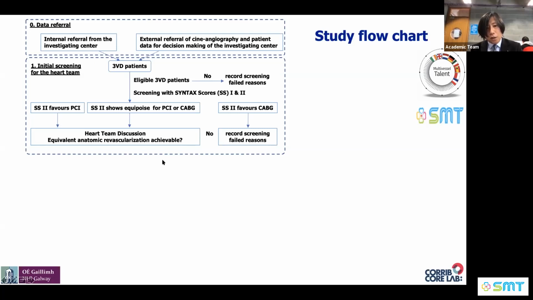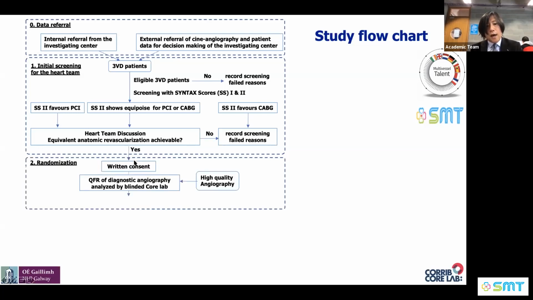So the heart team will decide whether the patient is suitable for PCI treatment in a 3-vessel disease. If the answer is yes, then the patient will provide informed consent, and angiography will be sent to our core lab, and the core lab will do this 3-vessel QFR and feed back to the site.